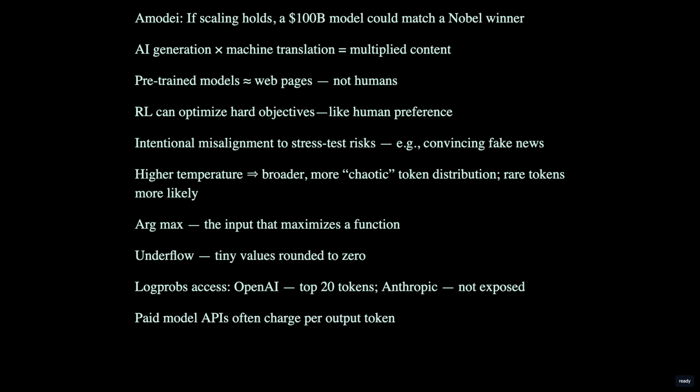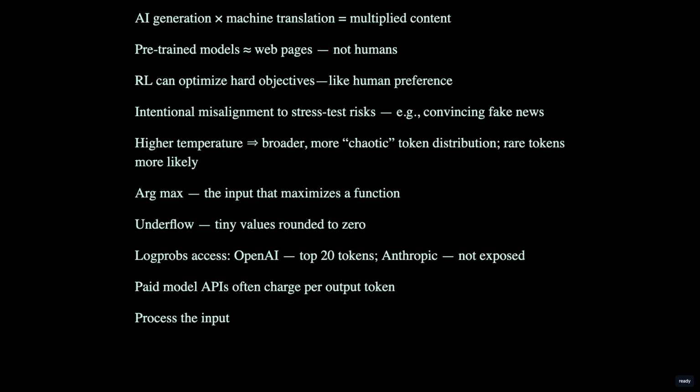Many paid model APIs bill based on the number of output tokens, that is, how much text the model returns. Longer responses therefore cost more, so when you integrate an API, you should set sensible token limits or truncate outputs to control expenses. When you need several outputs from the same input, avoid redoing the expensive input work each time.